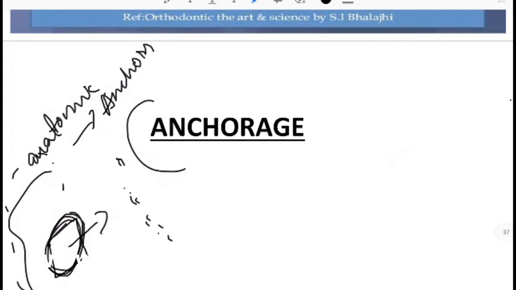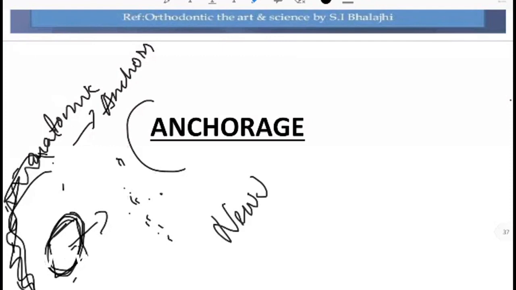So when this happens, we actually don't want any undesirable movement to happen for our anatomical unit here. But when a force is acting like this, according to Newton's law, there will be an opposite and equal reaction happening. So this is moving like this.